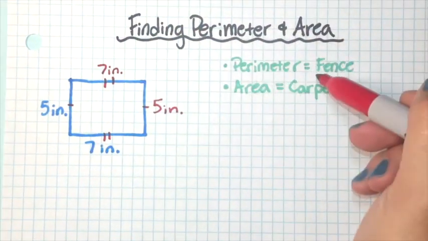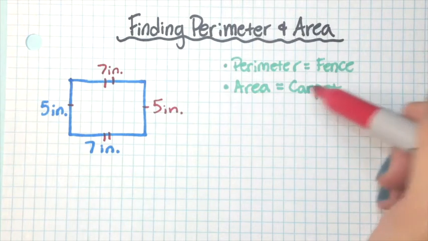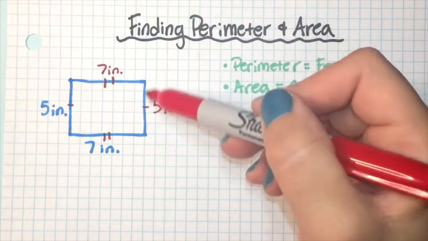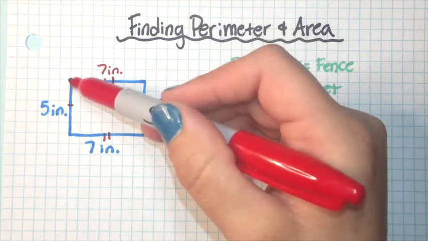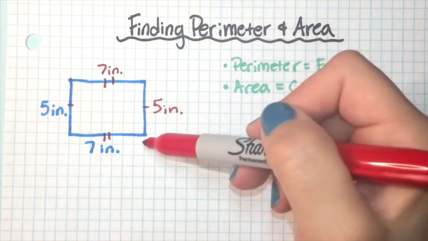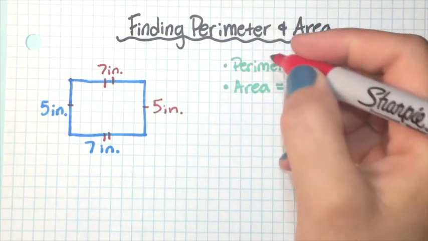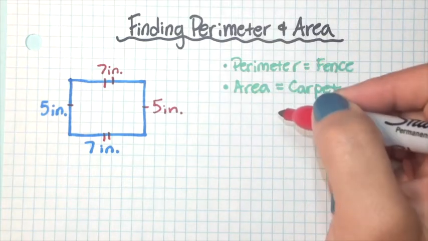So again, to find the perimeter, you just need to find how long that fence is that goes around your yard. All I'm going to do is add them up.